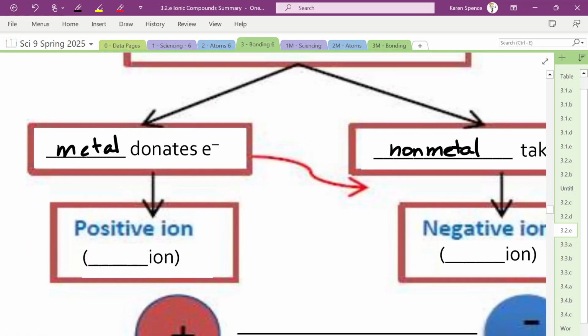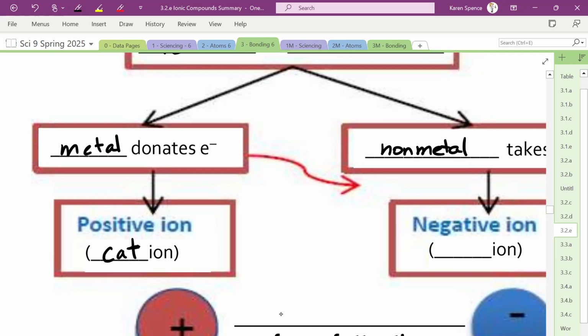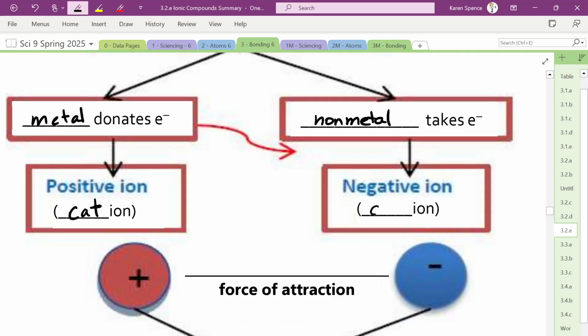The positive ion is called a cation. Remember, it's got that plus sign in the middle of it. And the negative ion is called an anion. What do we call that force of attraction? It's very similar to electromagnetic, but it's actually electrostatic.